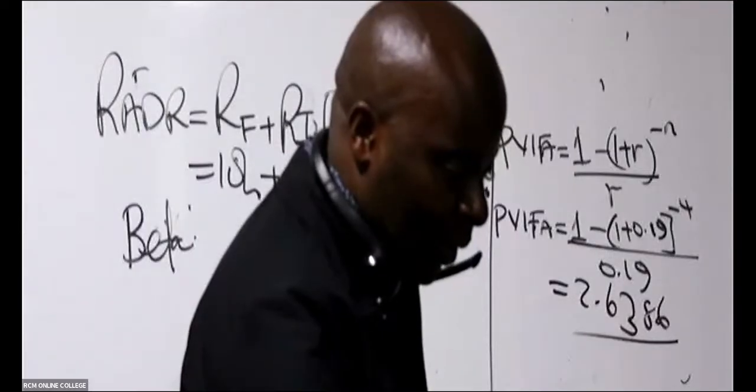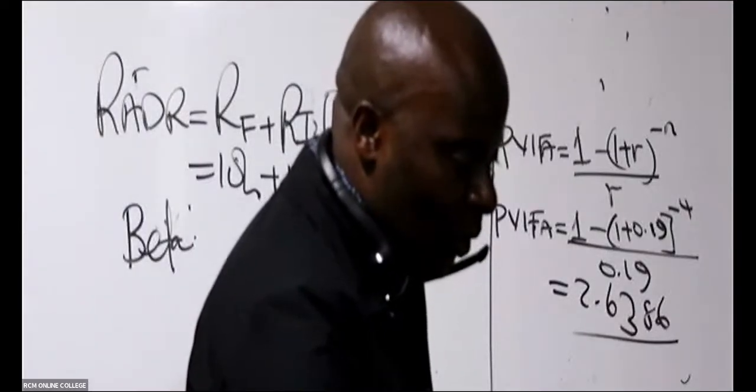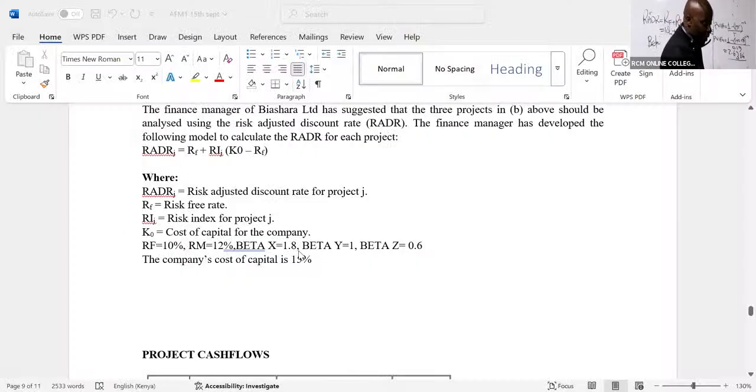Great. So now we go to project Y, using RADRI. For the sake of the latecomers again, let's compute RADRI for project Y. Risk-free does not change; it will be 10.